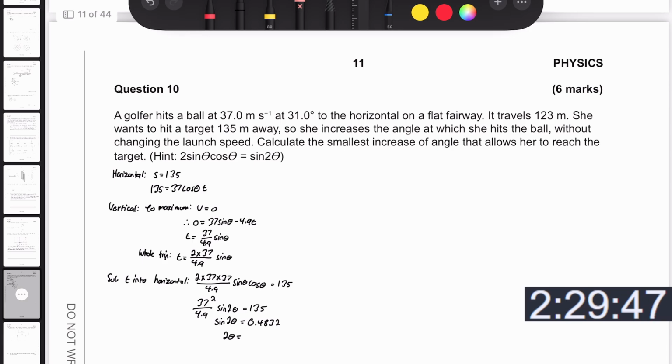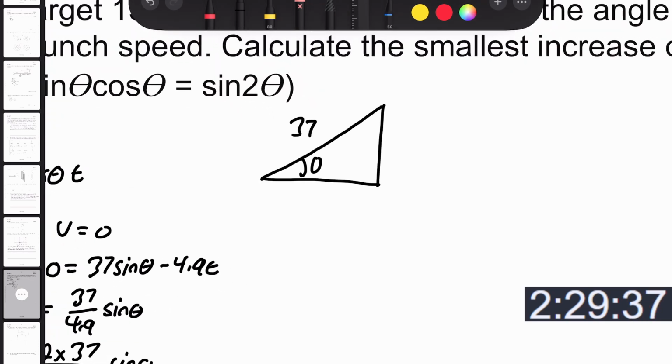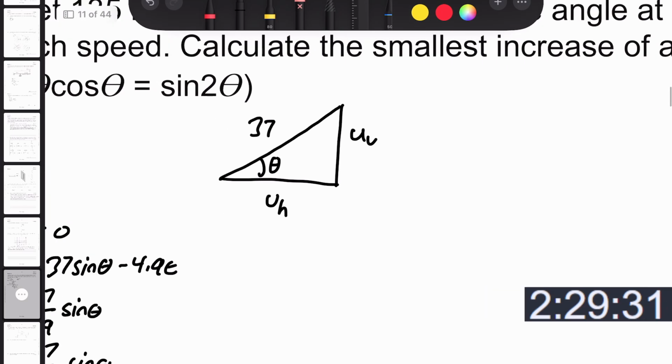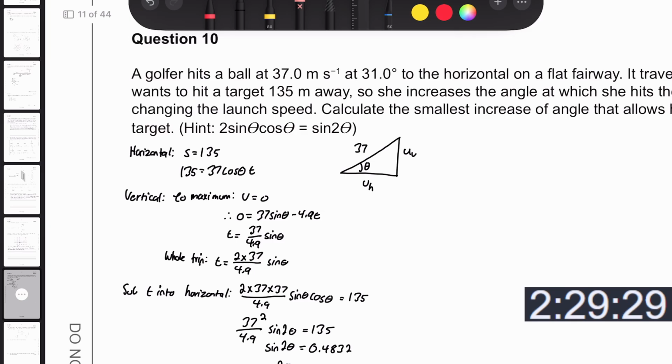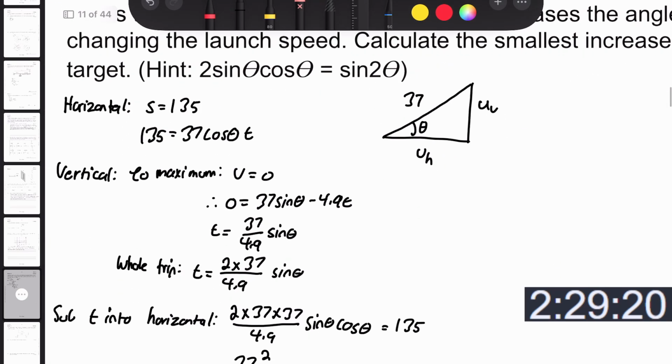So she increases the angle at which she hits the ball without changing the launch speed. 135 is equal to 37 cosine of theta times time, because there's no acceleration horizontally.